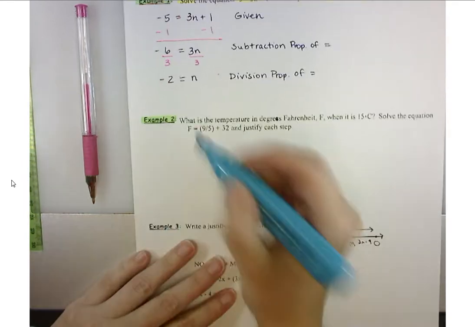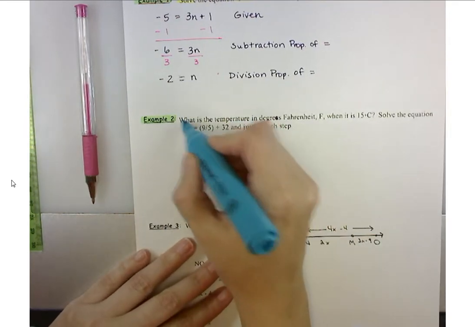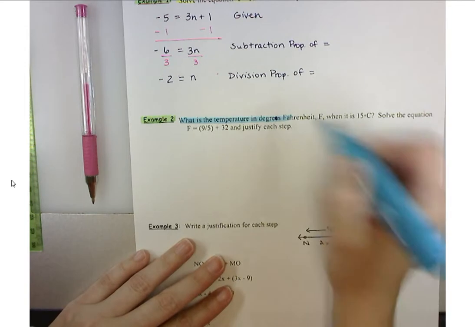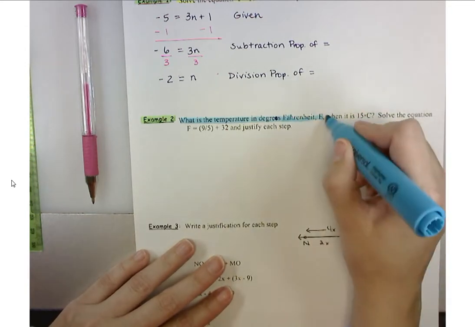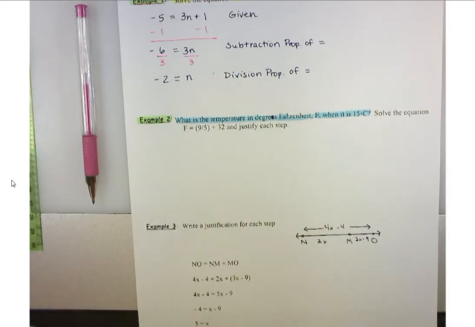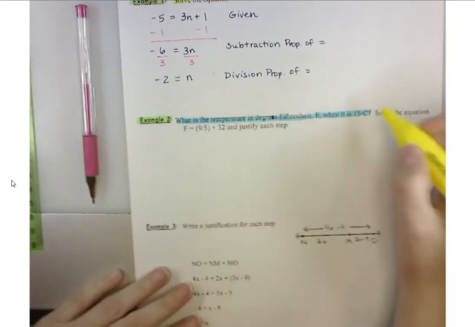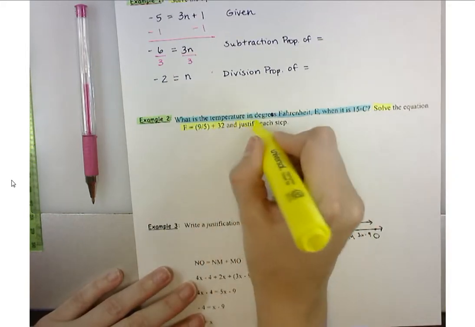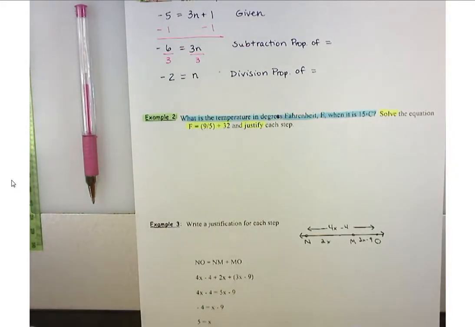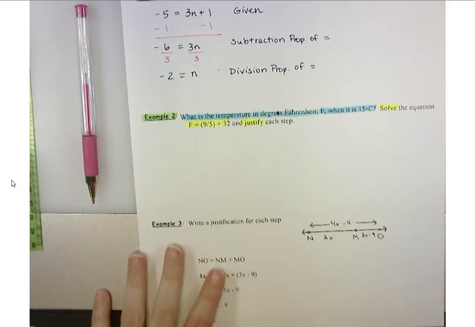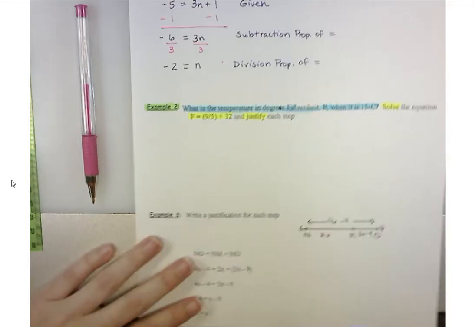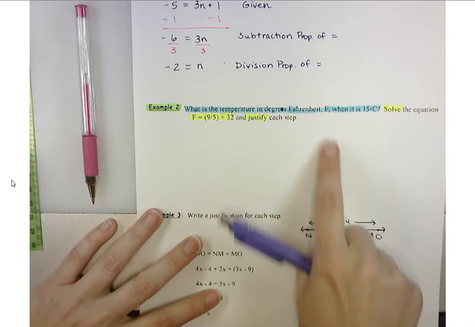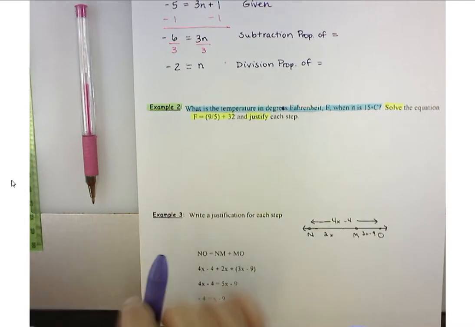Okay, so there's a couple different things we have to do here. It says, what is the temperature in degrees Fahrenheit when it is 15 degrees Celsius? But then we also have to solve this equation and justify each step. So we're going to start by solving the equation, justifying each step, and then we'll answer the original question.